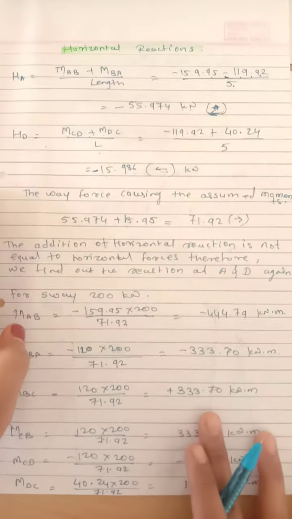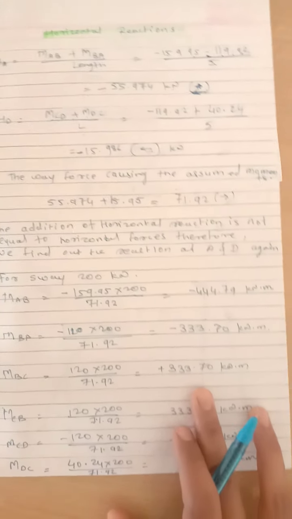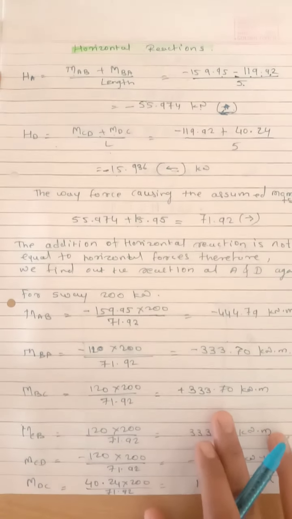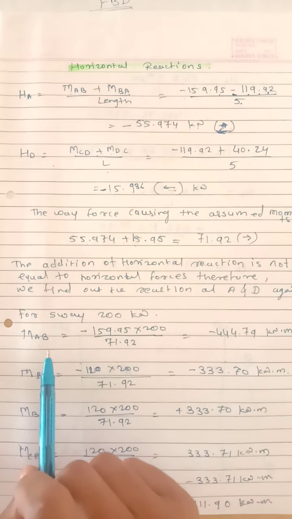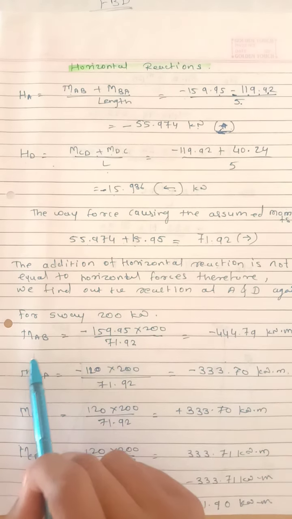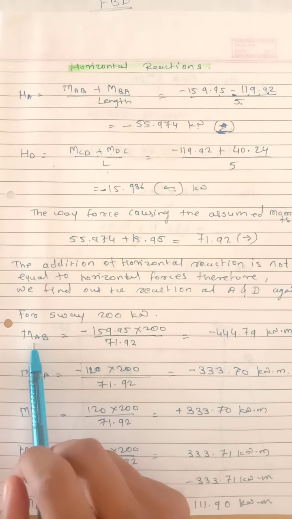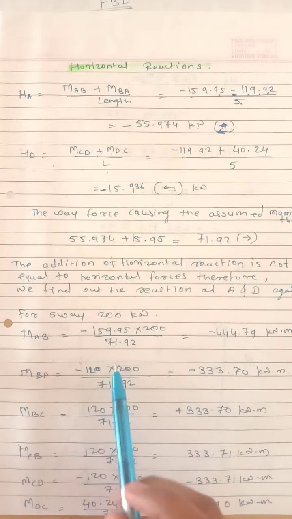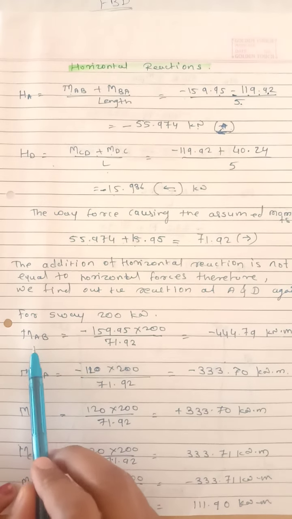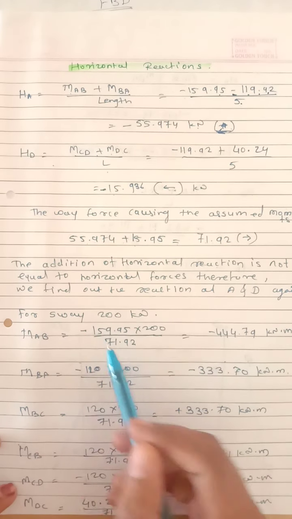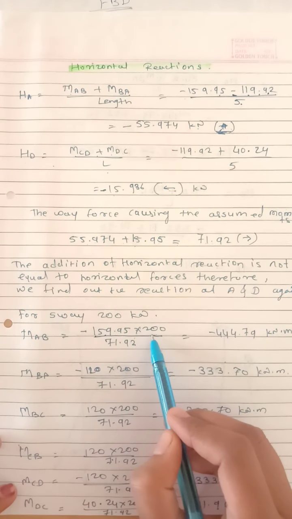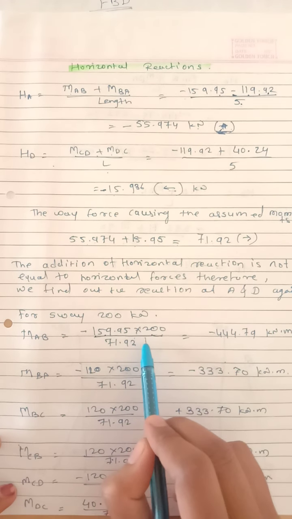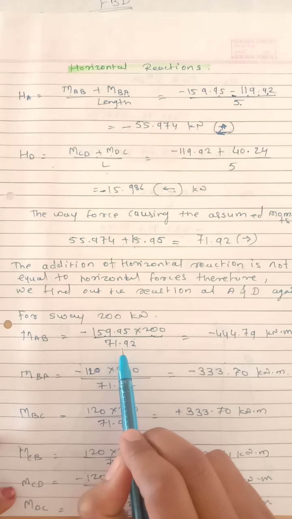So here, for the sway of 200 kilonewton, the end movement at member AB is equal to, the formula is, end movement at member AB multiplied by the sway force, that is 200, divided by the addition of horizontal reactions.